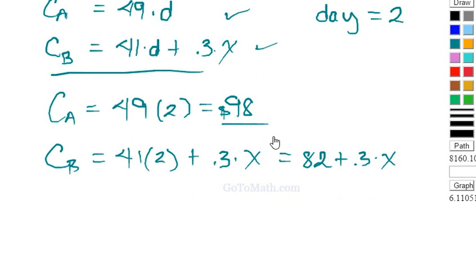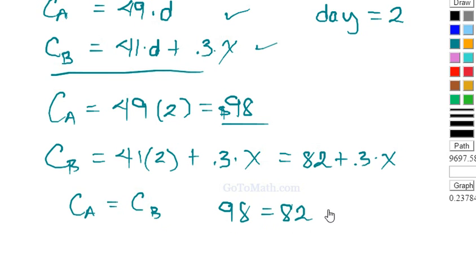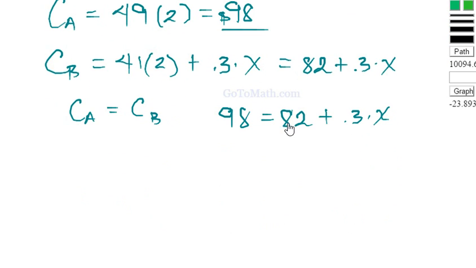So what we're going to do is take company A and set that equal to company B. This is going to be the break-even point. Setting both equations equal to each other, we end up with 98 is equal to 82 plus 0.3 times the number of miles. Then we solve for x.